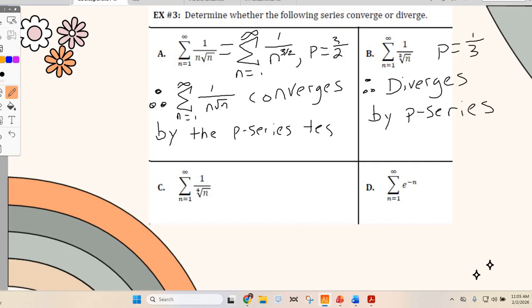What about our next one? Is it a p-series? Yep, what's our p-value? 1. So what's it going to do? It is important to write in complete sentences for these.